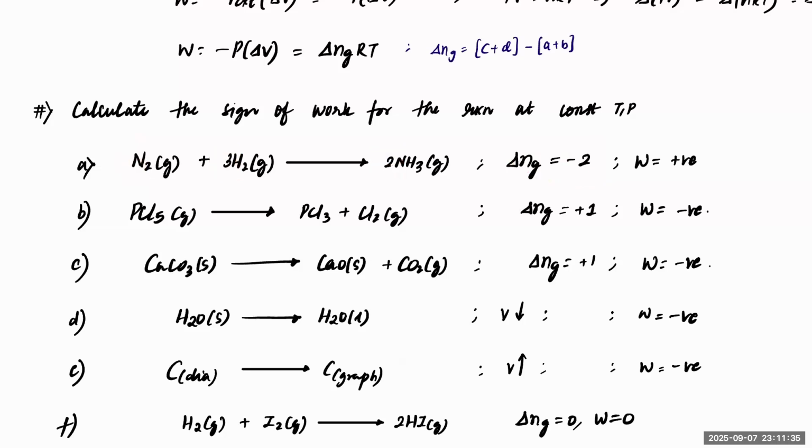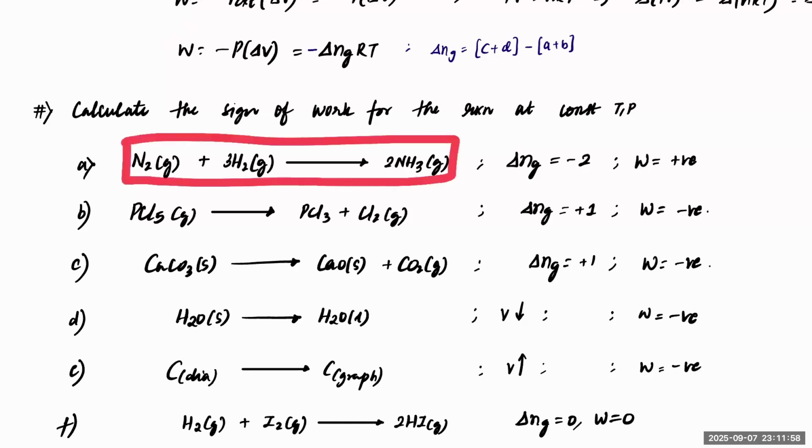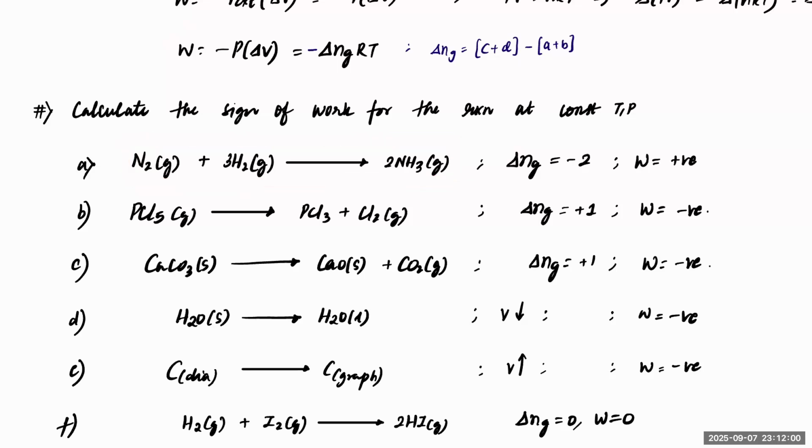Since there is a minus sign in front, minus of minus becomes plus. So work done is positive. Positive work done implies that a contraction is happening. Clear? So compression is happening here. Considering constant pressure, the system will get contracted.